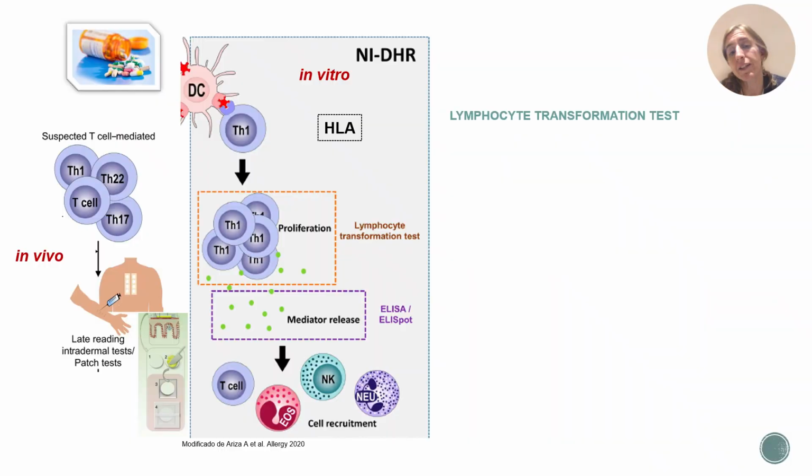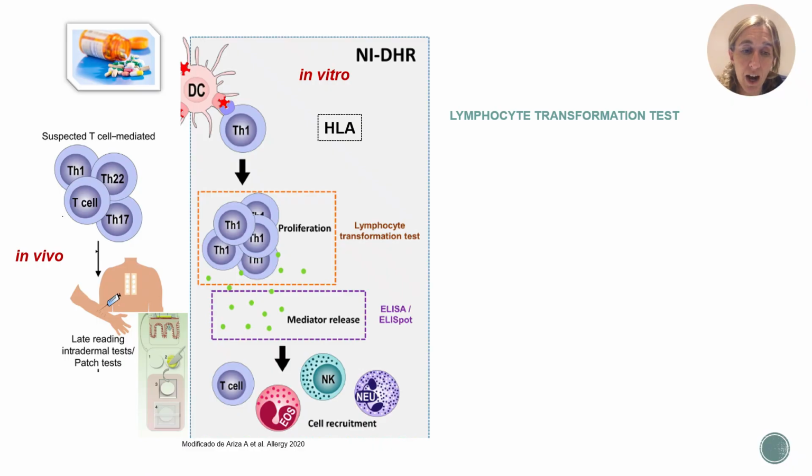So this is an overview of the current situation. We have been talking about a simplistic depiction of T cells, focusing on type 1 cells. But we know that we have Th17, the cytotoxic cells. It just depends.